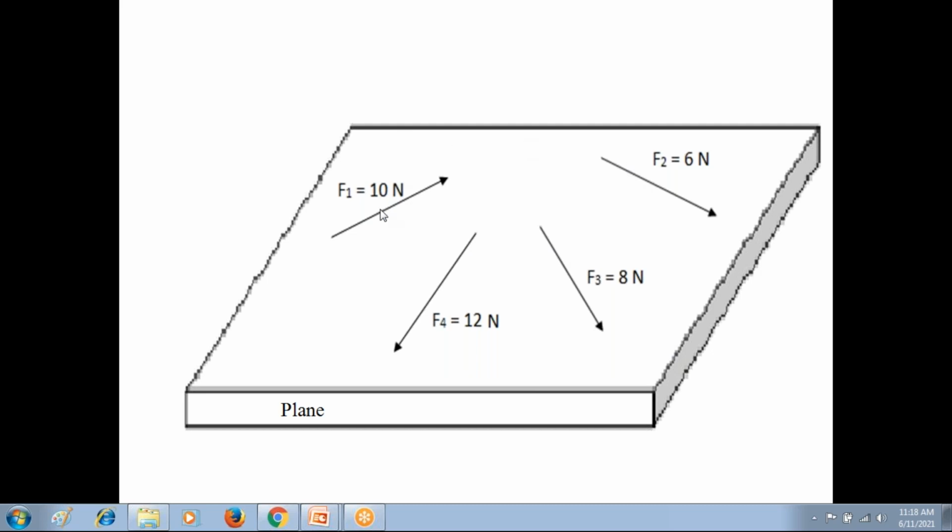So that is the relation between the collinear force system and the coplanar force system.